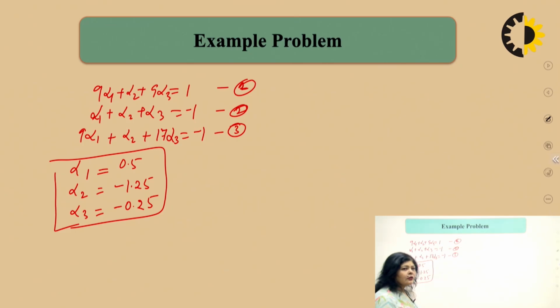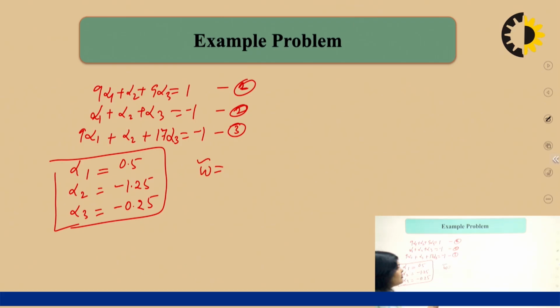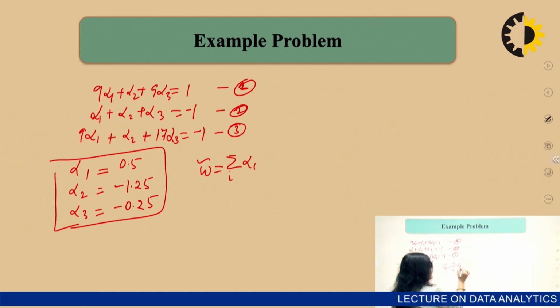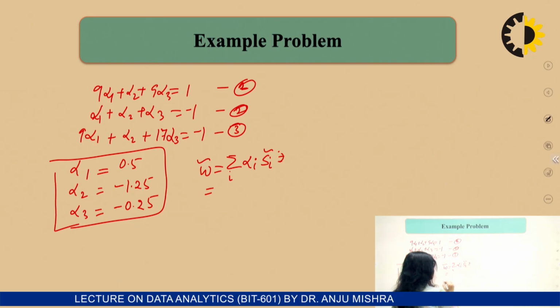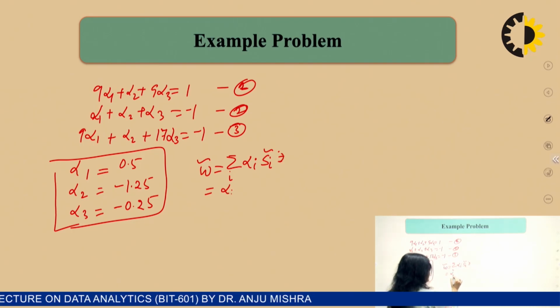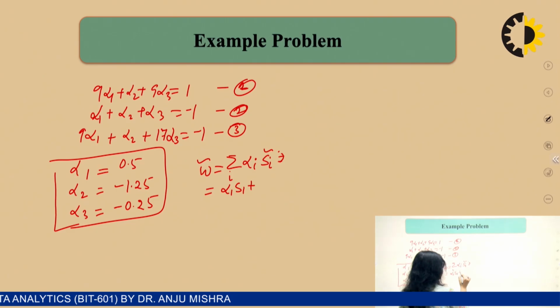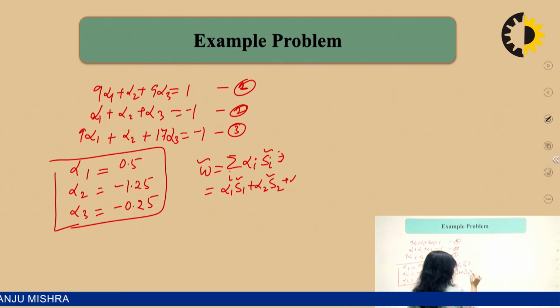Now once we have the values of alpha 1, alpha 2 and alpha 3, these unknowns, we can finally find out the value of the augmented weight vector, which is W tilde. So to find out the value of W, I need to simply use the sum of alpha i S i like this. If I expand this, it will be alpha 1 S1 plus alpha 2 S2 plus alpha 3 S3.